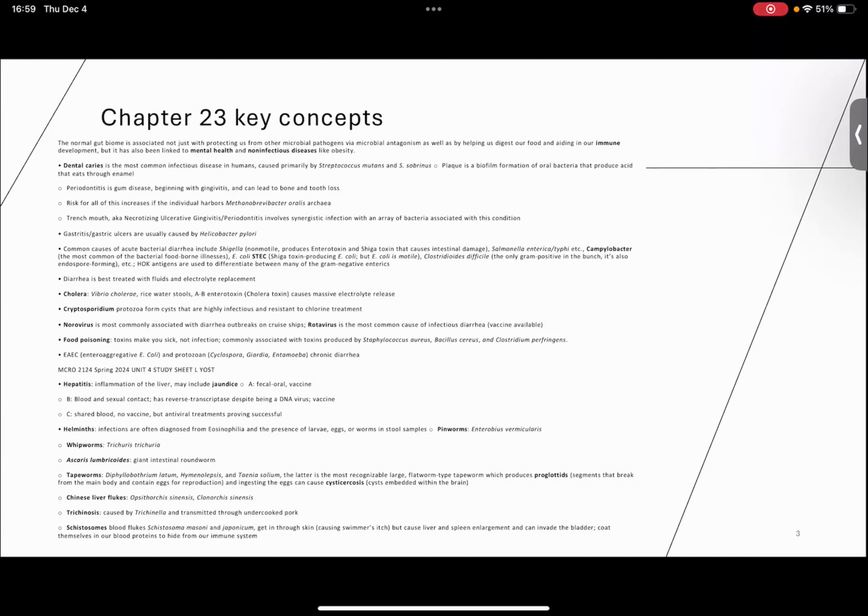So anyways, the best way to treat diarrhea, hands down, is with fluids and electrolyte replacement, not necessarily with antibiotics. Most of the time, most people will clear many of these infections naturally. It does depend on what's causing your infection, but the best treatment for diarrhea is just fluids and electrolyte replacement. There is a lot of talk right now in social media about being hydrated and that you can't hydrate unless you have electrolytes.